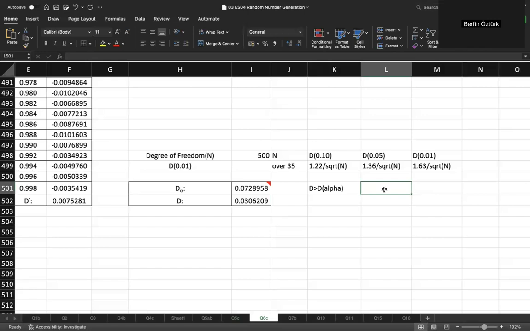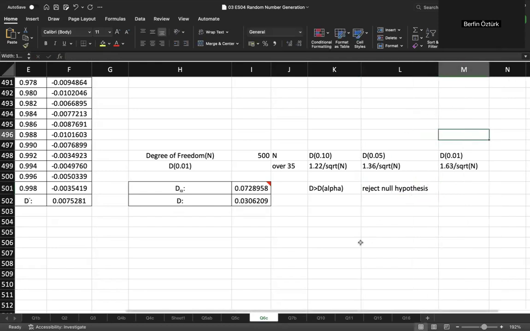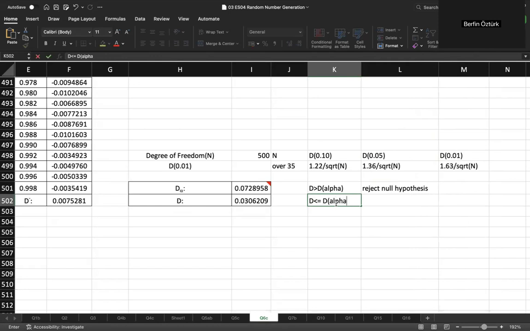So we have two cases. We reject the null hypothesis, which was that the random number sample does not follow the uniform distribution, but this is not our case, obviously. If D is smaller than or equal to the critical value alpha, we fail to reject the null hypothesis.